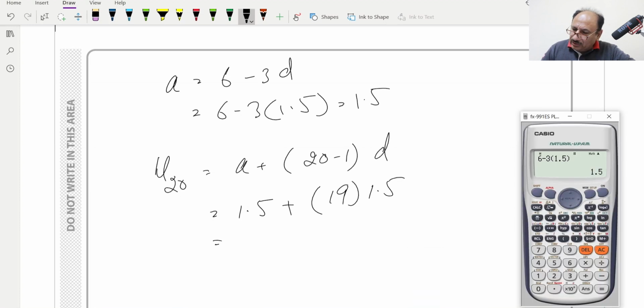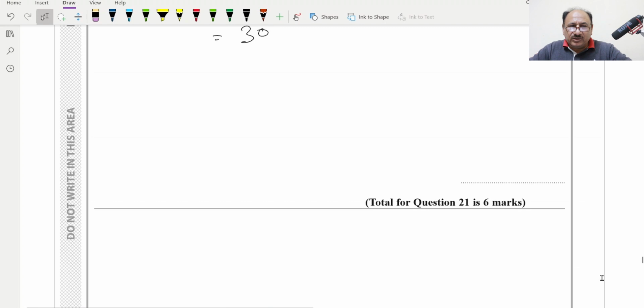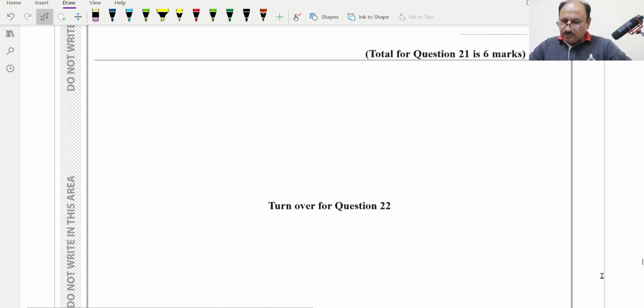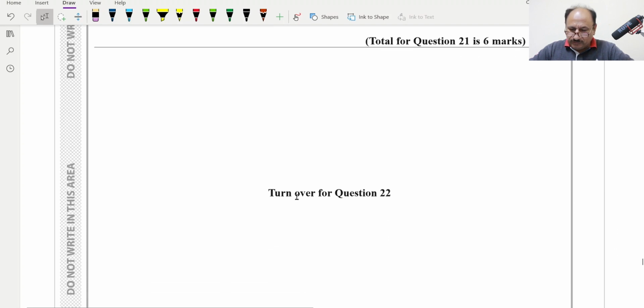This one we can calculate: 1.5 plus 19 multiplied by 1.5, and this is equal to 30. So the u20 value is 30. We can write the answer over here. This will be 30. Hopefully you understood this.